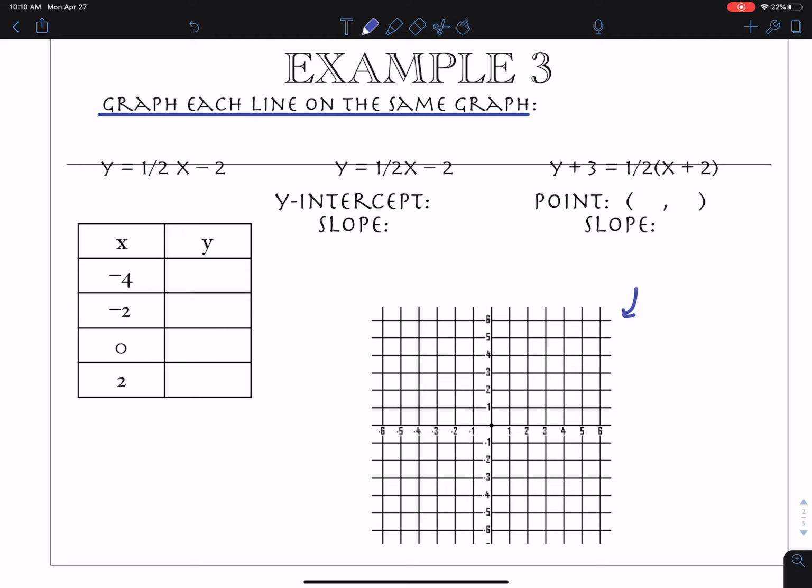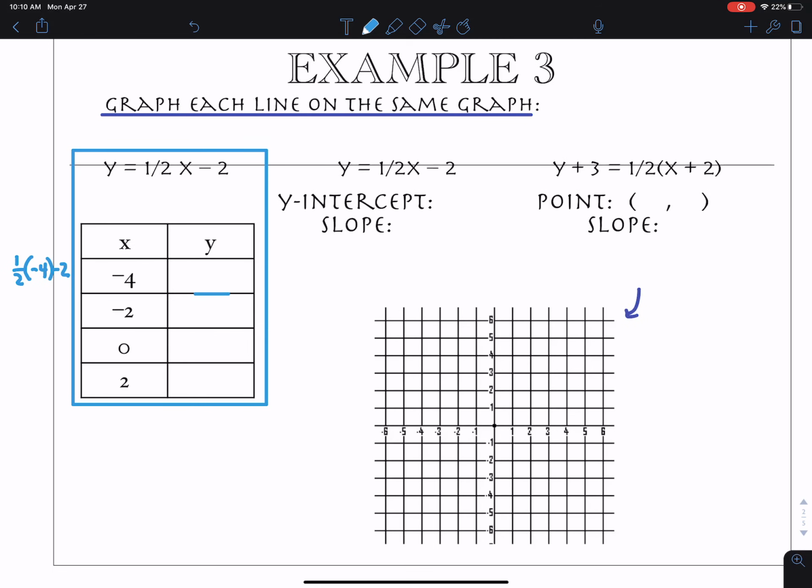So the first line that we have is y equals 1/2 x minus 2. So this is an input-output table. So you're going to do 1/2 times -4 minus 2, and that's going to give you your y value. And then you're going to do 1/2 times -2 minus 2, and that's going to give you your y value.